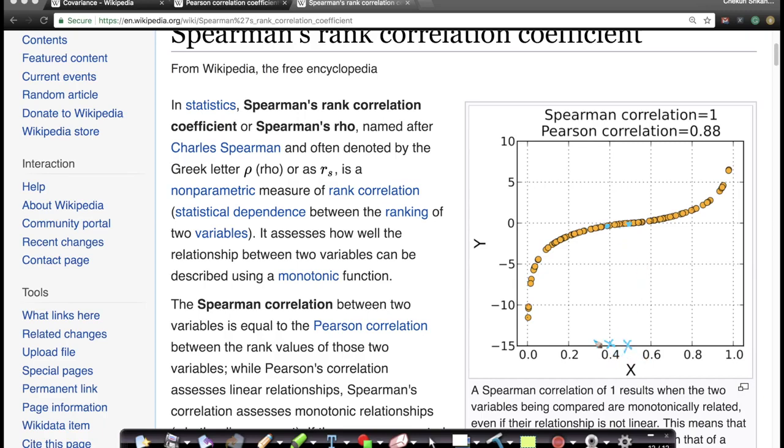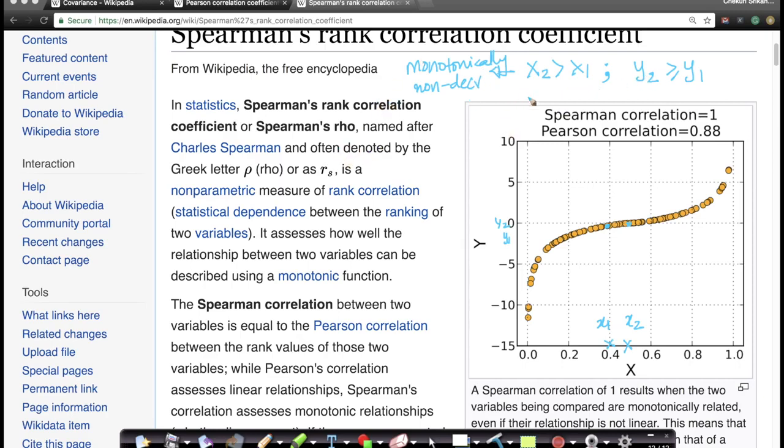So let's take two values, x1 and x2. Let me define it more rigorously. For x1 and x2, let's say I have y1 and y2. If x2 is greater than x1, then if y2 is greater than or equal to y1, if this relationship always holds, it's called monotonically non-decreasing, right?